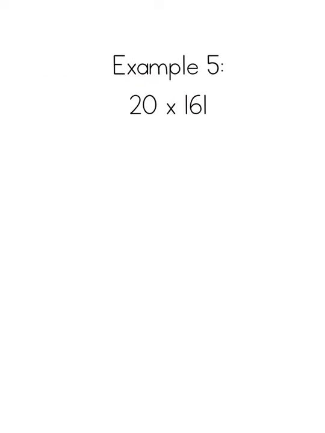Now we're going to look at an example that uses a couple more digits. So I have 20 times 161. I'm still going to keep the number 20 because it ends in a 0. So it needs to go in each of my parentheses groups. You'll notice here that I have 3 groups of parentheses, and that's because the number I'm breaking up, 161, is a 3-digit number.